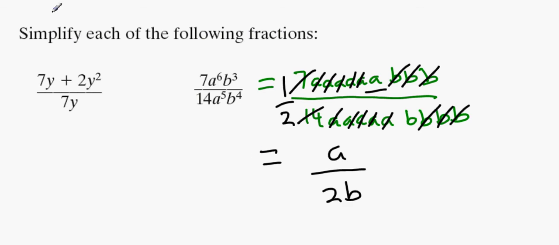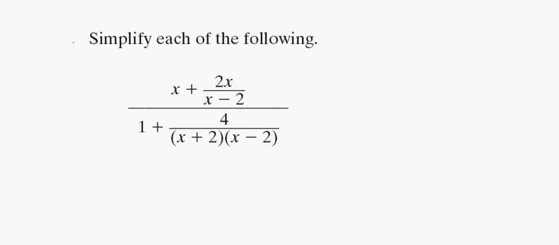Okay. Next one. Simplify each of the following. Now this question is quite tough, okay? So what we might need to do here is represent this as x over 1, and this one here is going to be represented as 1 over 1.